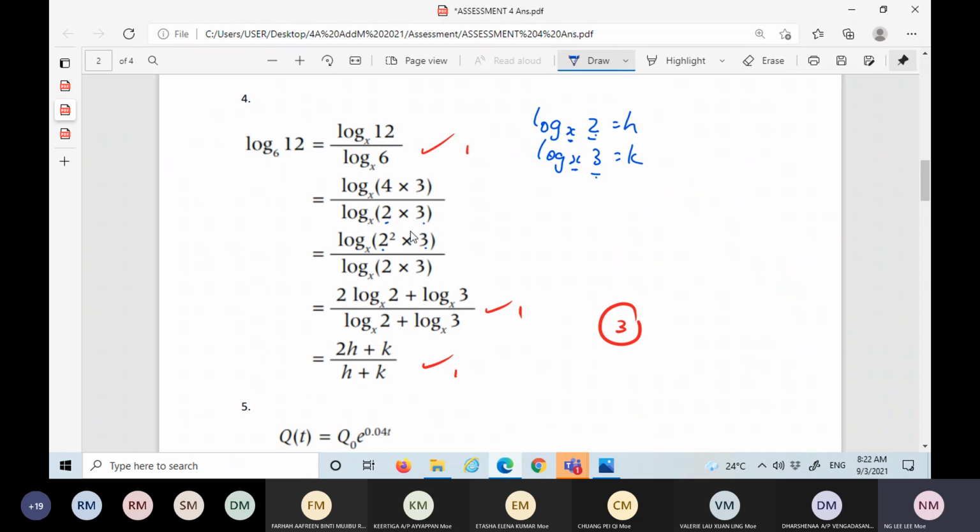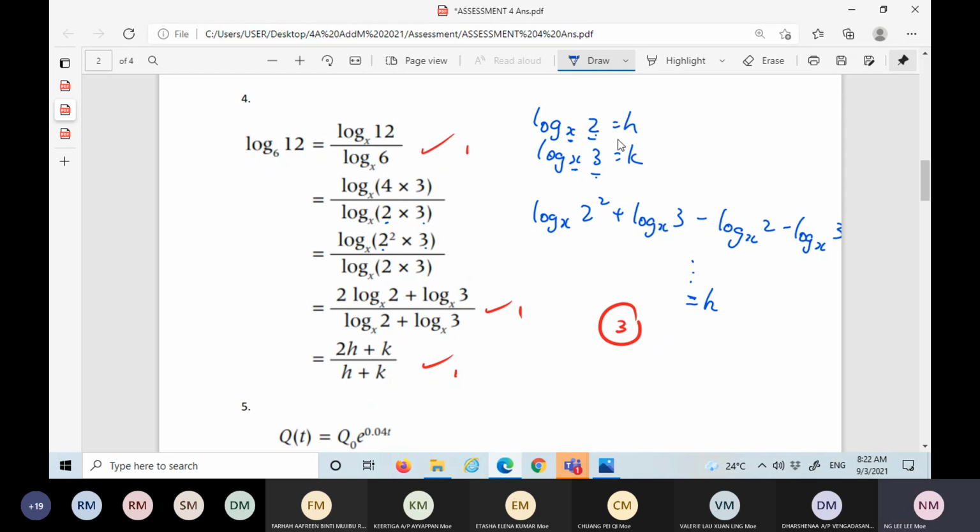So what is the meaning of this? I don't know how you can write in this way. Quite a number, not only a few, quite a number of you. How can you come up with this? For those who are doing this, your final answer is h.